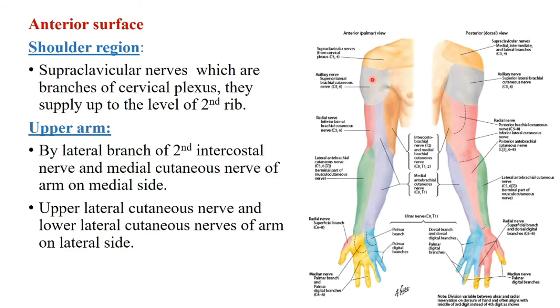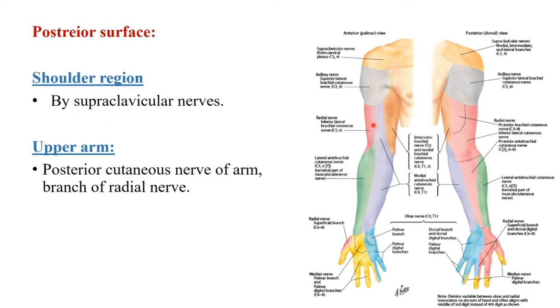Superior lateral is a branch of the axillary nerve and inferior lateral is a branch of the radial nerve. So anteriorly, the shoulder is supplied by the supraclavicular nerve, and the medial side of the upper arm is supplied by the intercostobrachial nerve and the medial cutaneous nerve of arm, whereas the anterolateral aspect is supplied by the superior lateral cutaneous nerve and inferior lateral cutaneous nerve of arm.